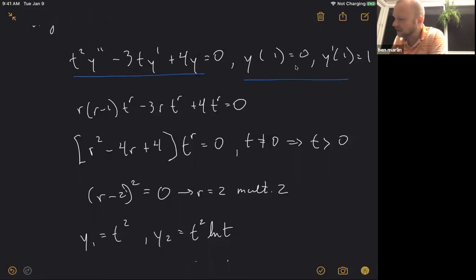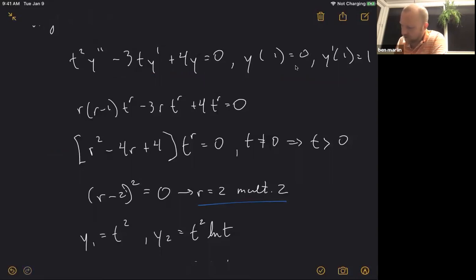I went ahead and specified initial conditions there. And so we quickly run down here and get our characteristic equation and find out that we've got r equals 2 is the root and it has multiplicity 2.